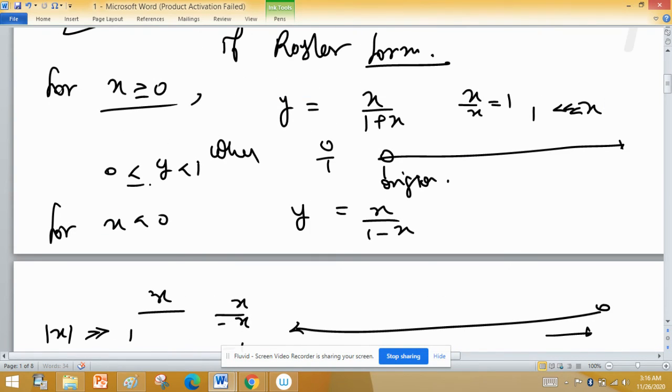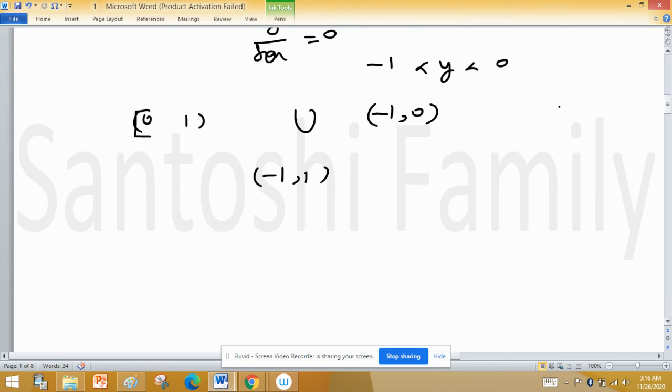Here you can see y can take the 0 value, so it is left closed, and 0 comes in this interval, and this is the type of open interval.